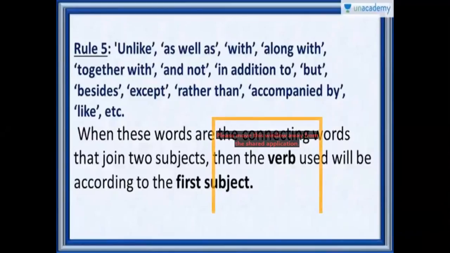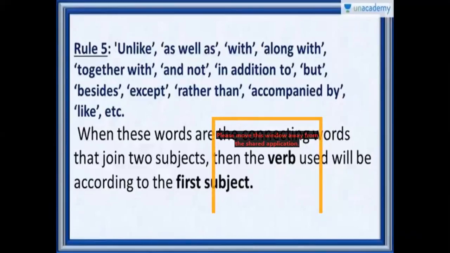So, my sister, unlike her friends. Her friends, unlike my sister, have demonstrated the project or has demonstrated the project? What is correct? I repeat. Her friends, unlike my sister, have demonstrated the project or has demonstrated the project?